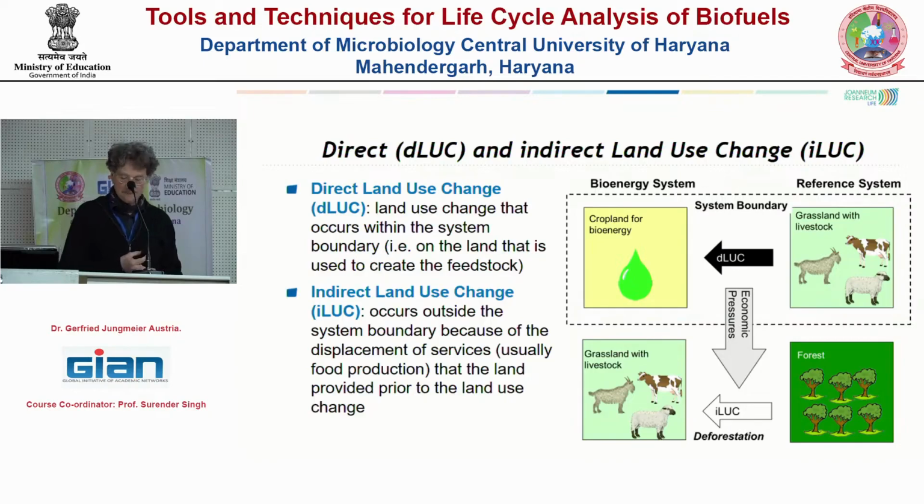So this is called the direct land use change because it's one piece of land you convert to another piece of land. But then you see you have less grassland. So the animals have less grassland. So it might happen, or it really happens, that of course if we want to have grassland for the animals again, we need to convert, as land is limited, forest to grassland.